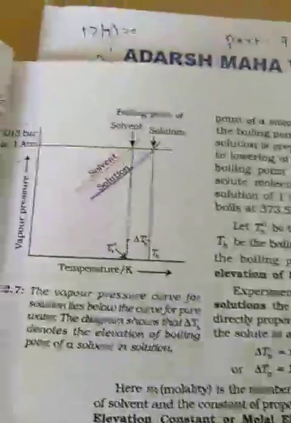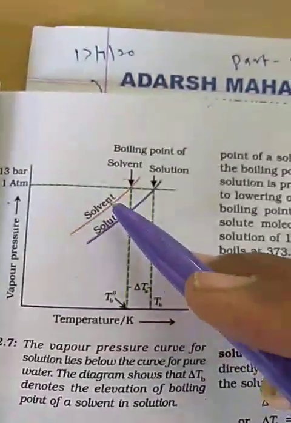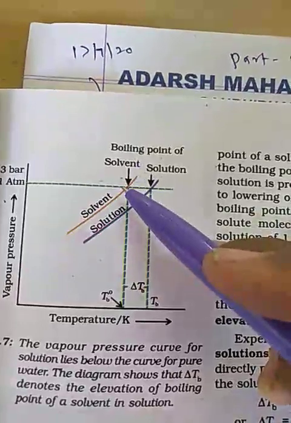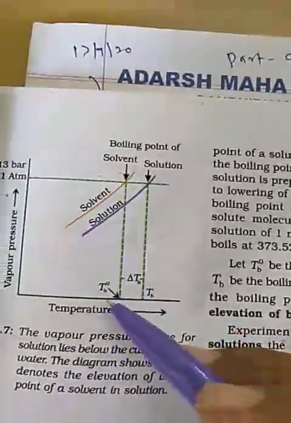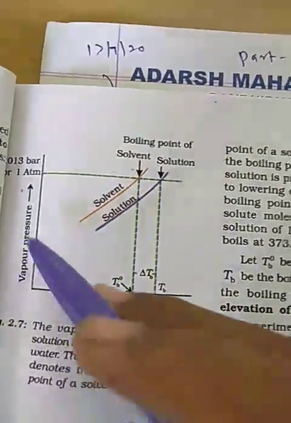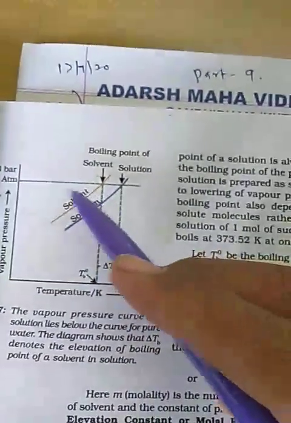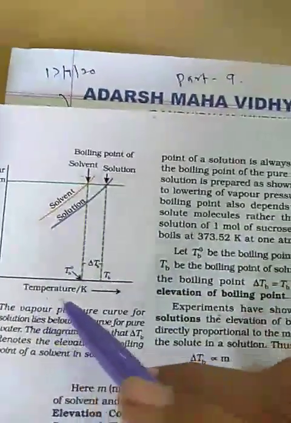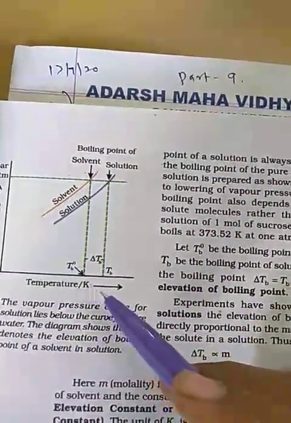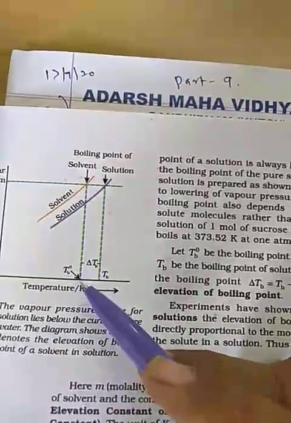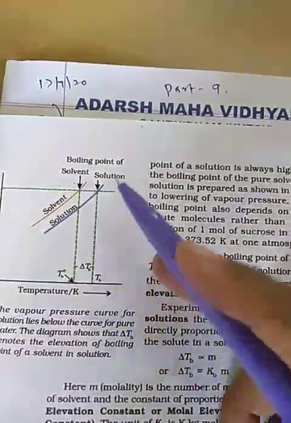I will show you this diagram and explain it nicely. This is the graph of vapor pressure up to 1 atmosphere. This is the line, and temperature in Kelvin. This is pure solvent. This is the solution.